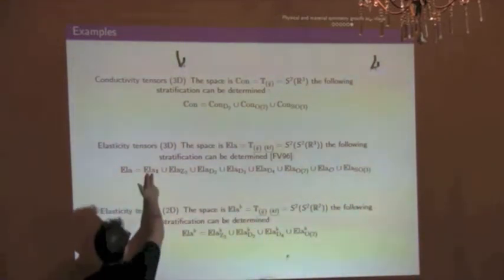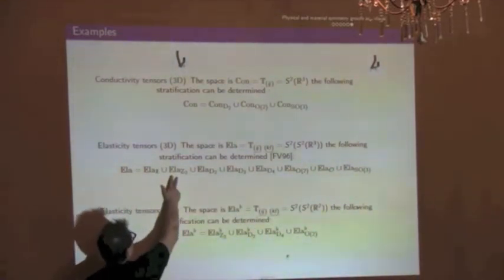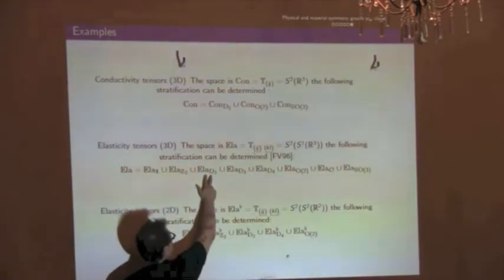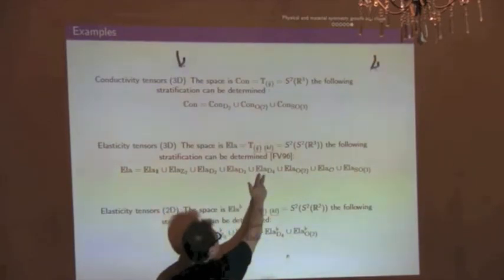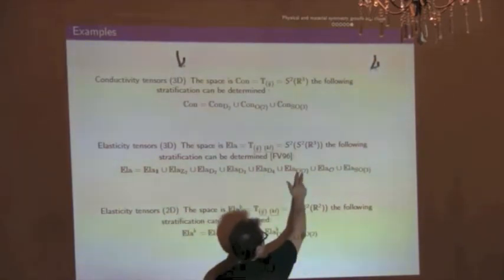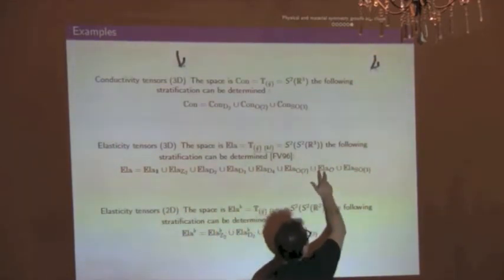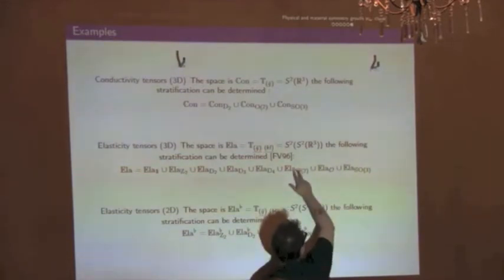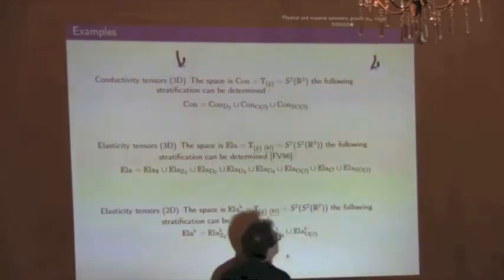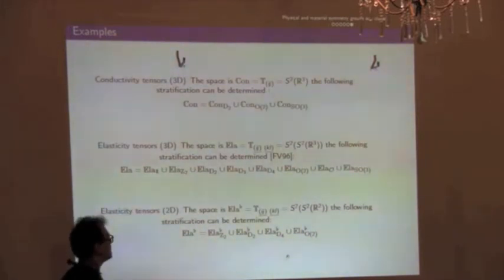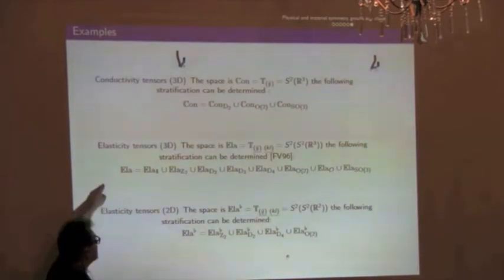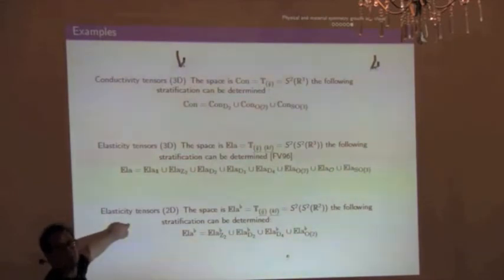Here it's the triclinic one, monoclinic, orthotropic, trigonal, tetragonal, cubic, transverse isotropic, and isotropic. Well, I should say the anisotropic, but it's not really used. And here I also give the same structural decomposition in 2 dimensions.